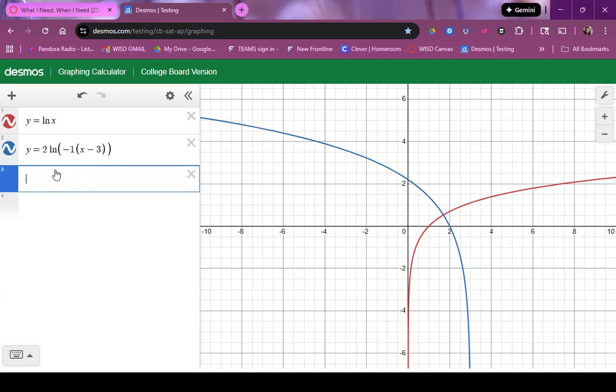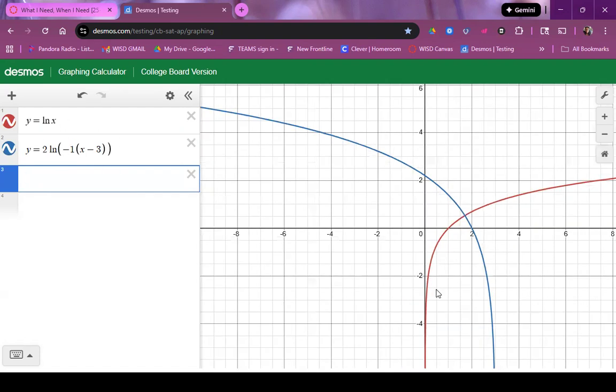All right, so now we moved our power and factored out, and as you can see, we're not right about our domain, because what happened on the horizontal? It reflected. So our domain is actually from negative infinity up until 3.